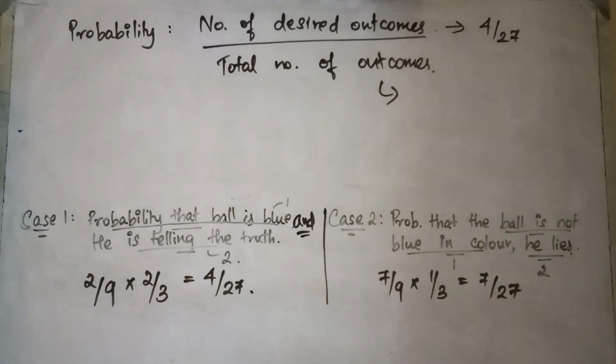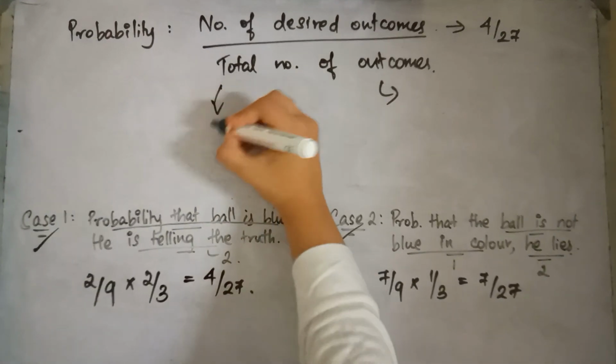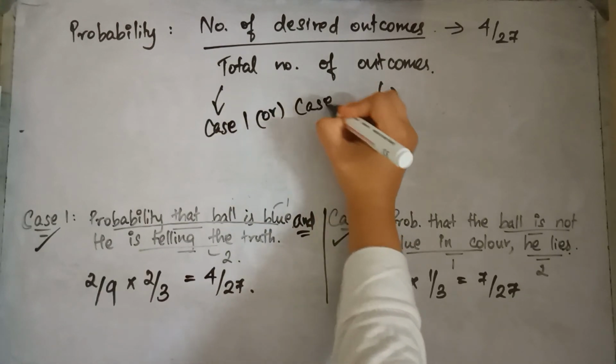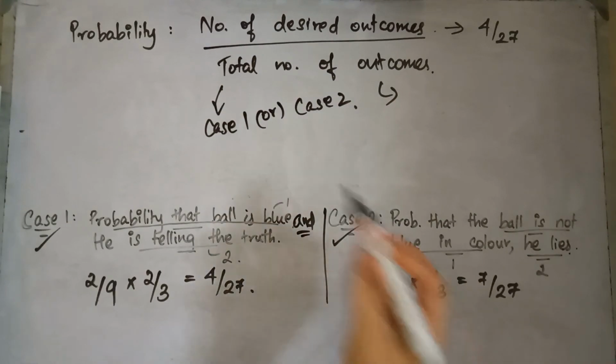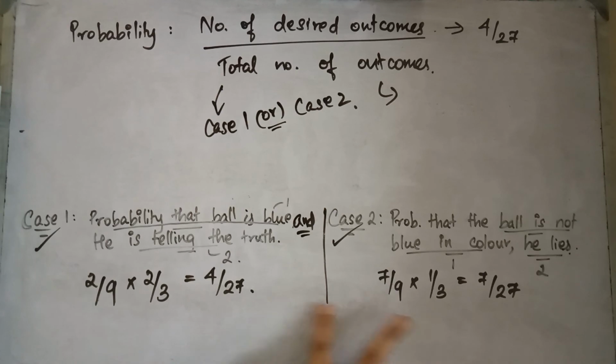What are the total number of outcomes? Total number of outcomes will be, this is a possible outcome. This is also a possible outcome. So it will be the addition of both of these. Why? Because I could have case 1 or case 2. Either of these cases. We have or over here. So we'll have to add both of these probabilities.